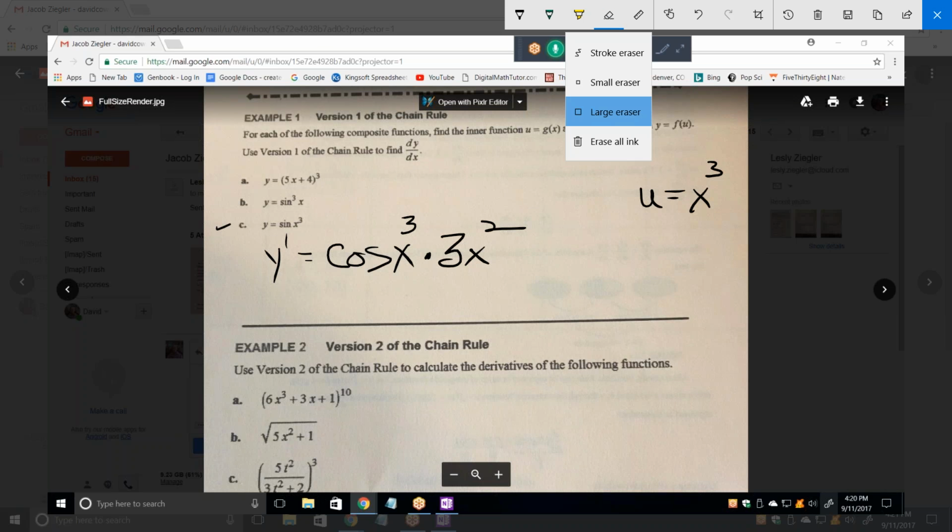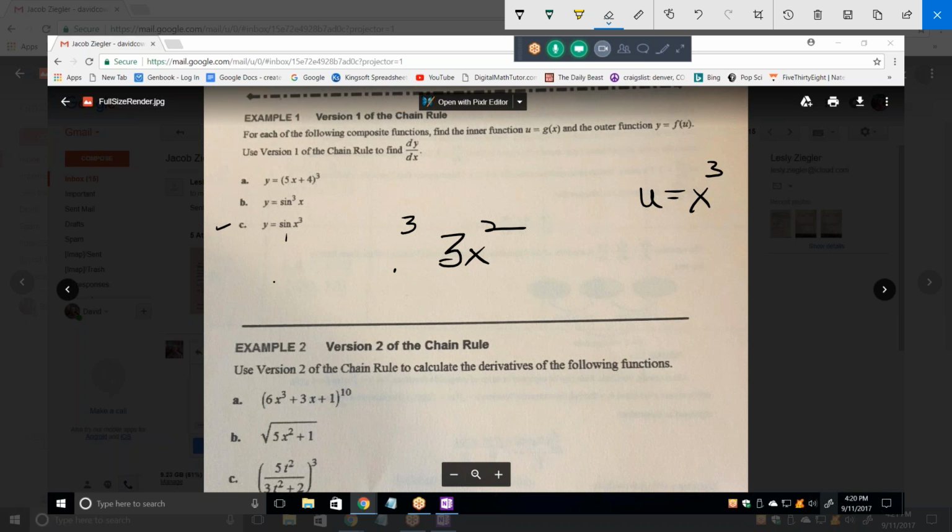Now let's look at B. What's the inside on B? Just x? No, there's got to be an inside. The inside is, and here's how you figure it out. I'm going to let the inside be that.